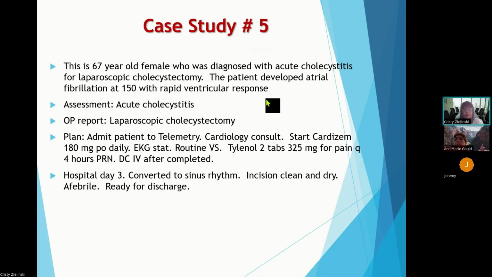Plan: admit to telemetry, cardio consult, start Cardizem, EKG stat, routine vital signs, Tylenol PRN for pain, and IV Cardizem drip after completed. Hospital day 3, converted to sinus rhythm, incision clean and dry, afebrile, ready for discharge. So what is the clinical validation here?